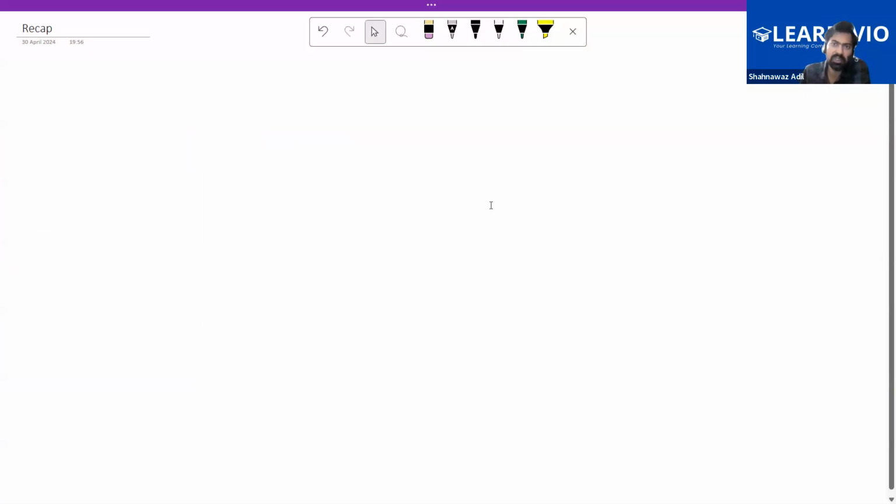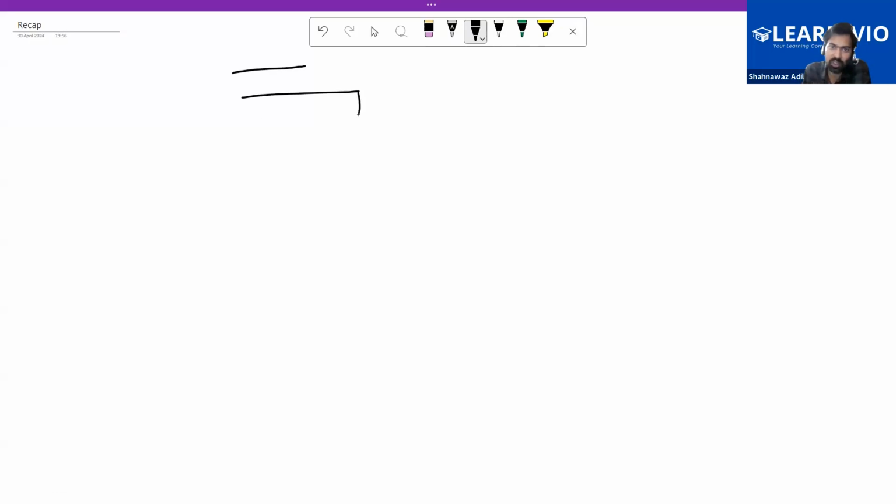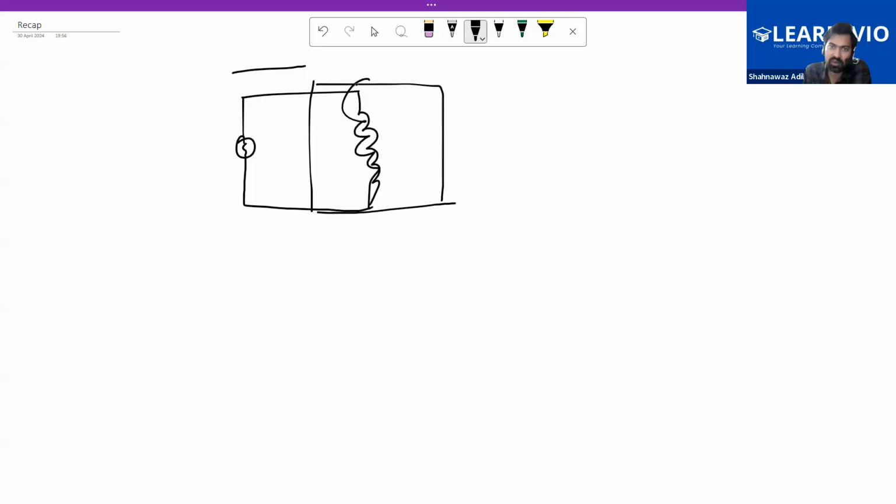What are the parameters in the transformer? We have this primary coil, which is connected to some AC supply, and then this is the secondary coil, which is connected to the load resistance, right?